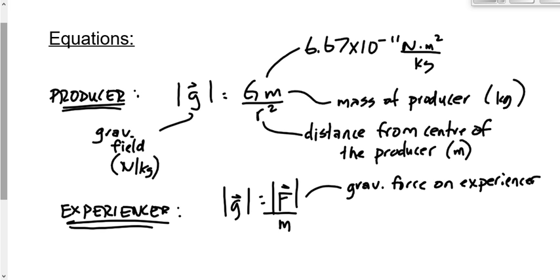It's the weight. It's the same thing as weight. So the weight of the experiencer. My weight is about 700 newtons. So we would say my gravitational force is 700 newtons. If I wanted to find the gravitational field given information about me, then I would say the force of gravity would be 700 newtons. M is the mass, but it's the mass this time of the experiencer.